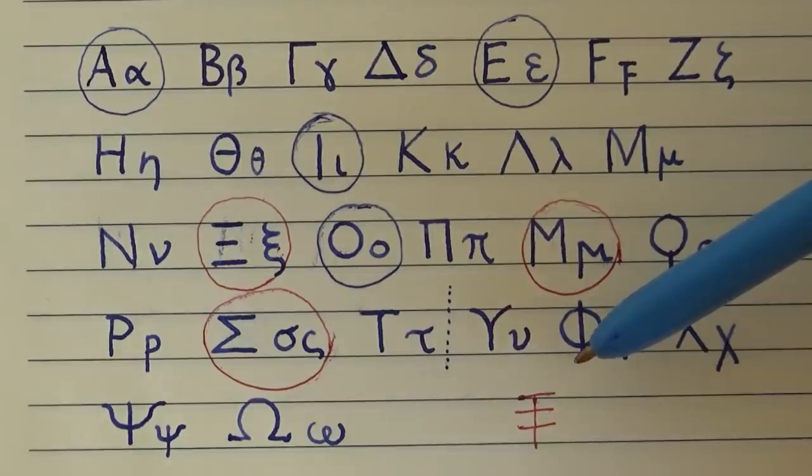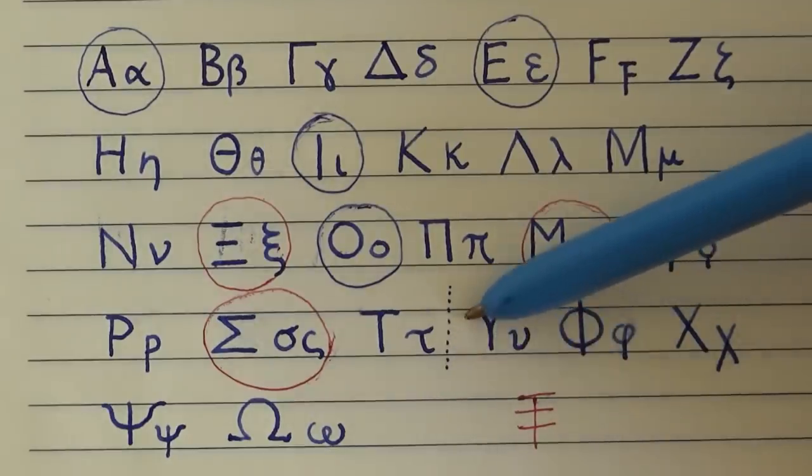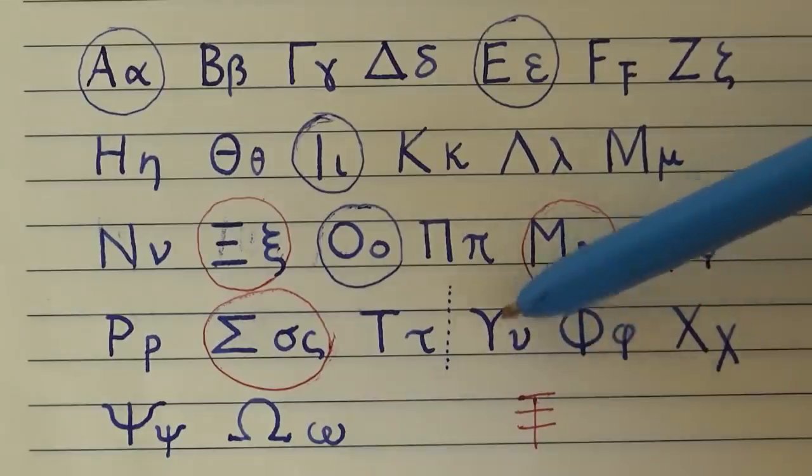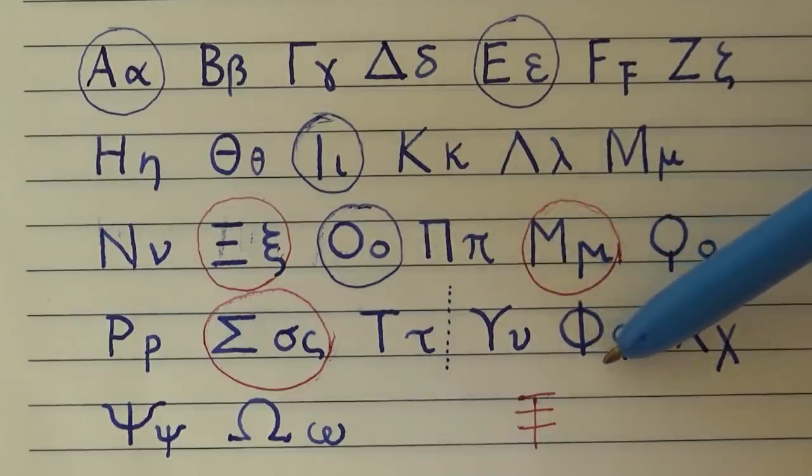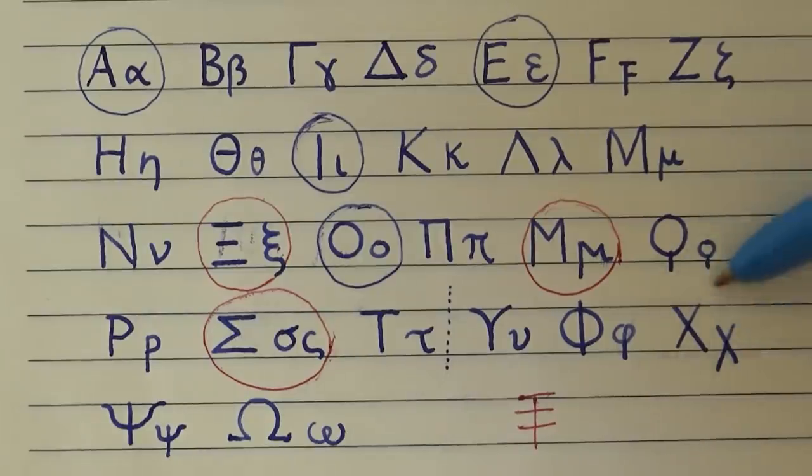And U is like the vowel version of V. U, V, W, X. Not sure why X was invented actually.